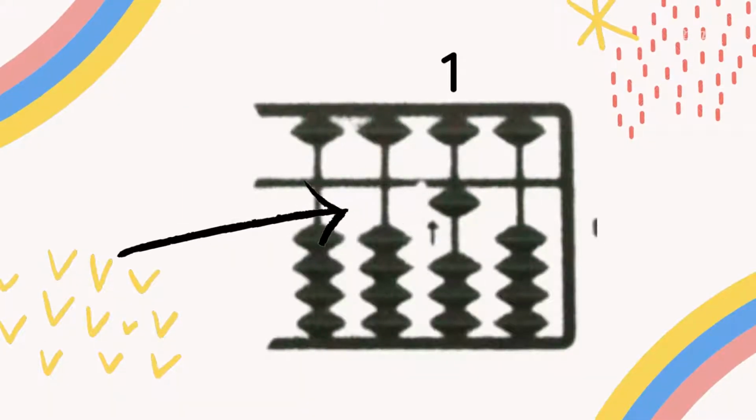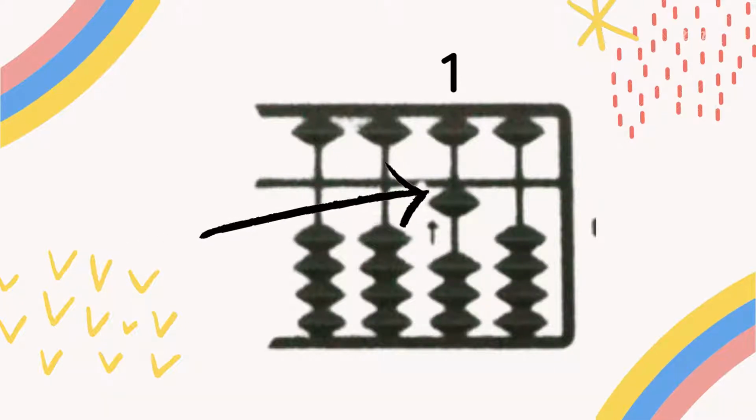From the picture, a small arrow shows that one bead from the bottom is moved up to the middle. So this represents the value of 1.